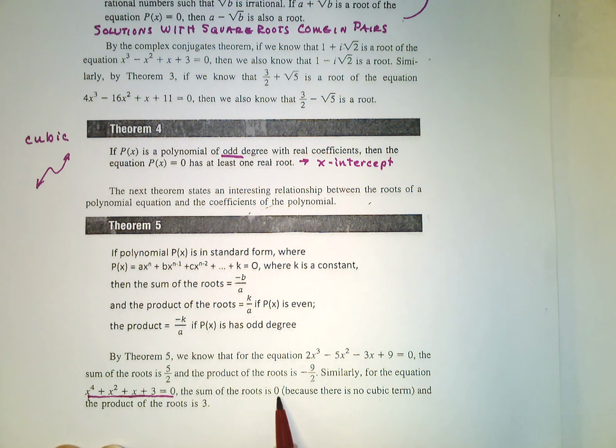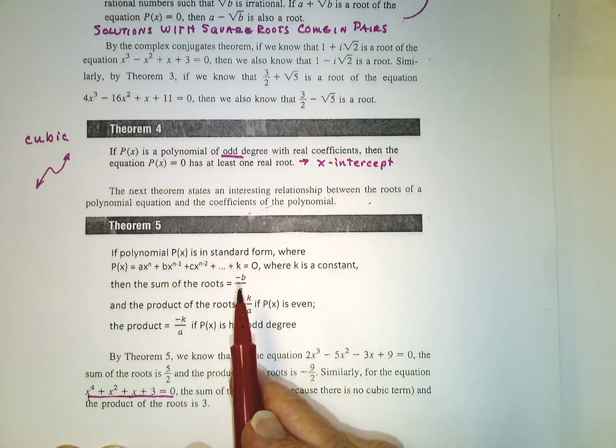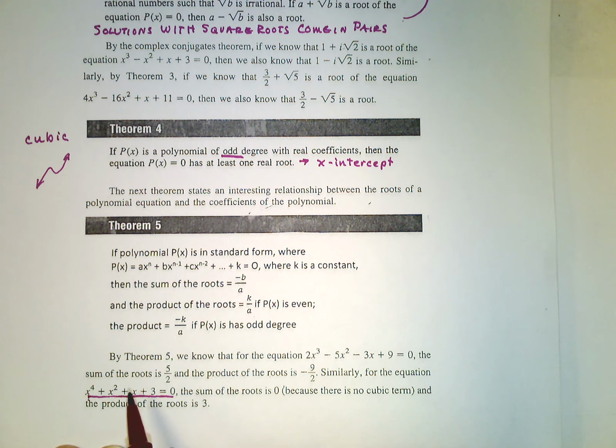Got a nice normal looking equation right here. And they said the sum of the roots is 0. But it's supposed to be opposite of b over a. Well, this one's a little tricky because this one is missing the cubed term. There is really 0x cubed hidden in here. So b would be 0, and the opposite of 0 divided by 1 is going to come out to 0.